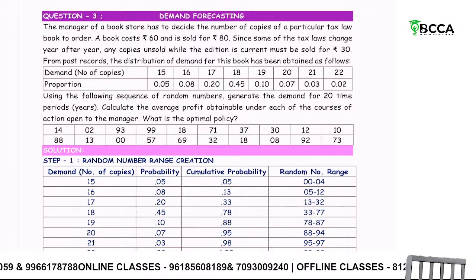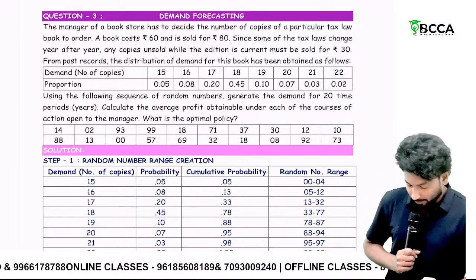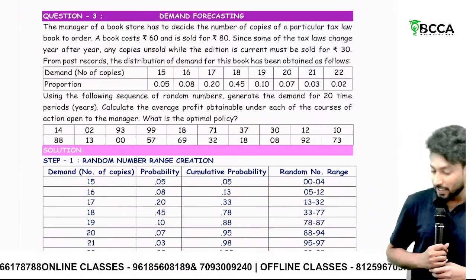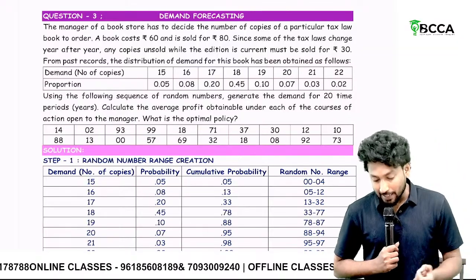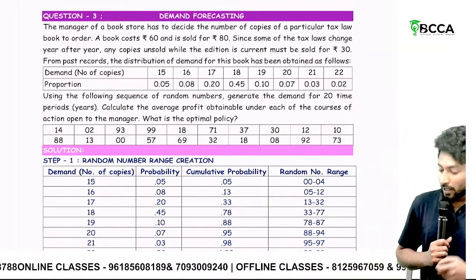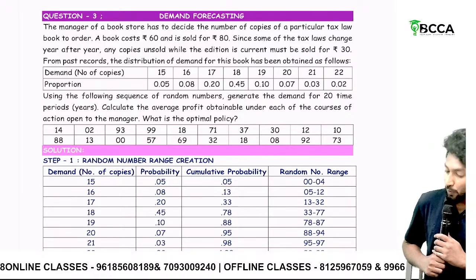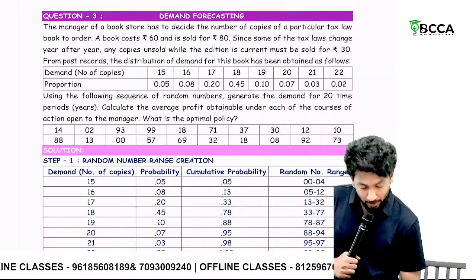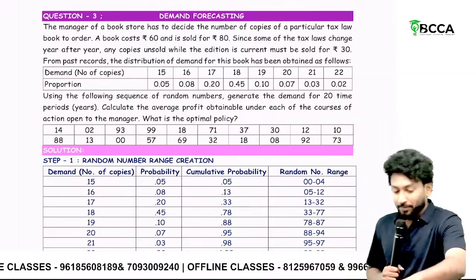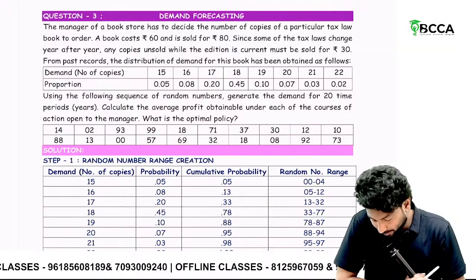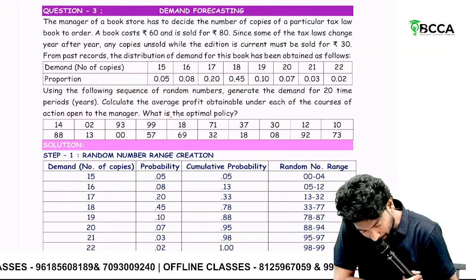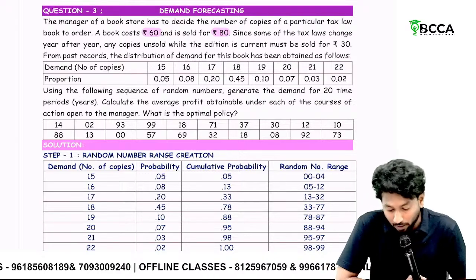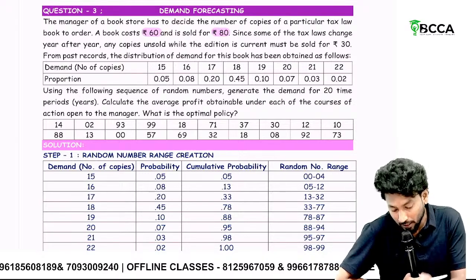Done? The manager of a bookstore has to decide the number of copies of a particular tax law book to order. A book costs 60 rupees and it's sold for 80 rupees. How much profit, sir? 20 rupees profit. If I purchase the book for 60 rupees and sell it for 80 rupees, 20 rupees is my profit.